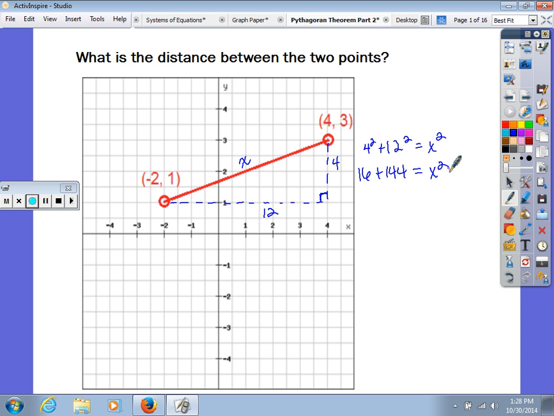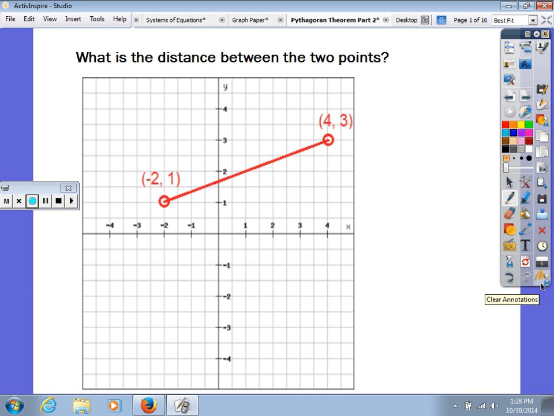And if you add those together, you're going to get 160 equals x squared. And then we're going to take the square root. And the square root of 160 is about 12.6. So that's how long this length is.